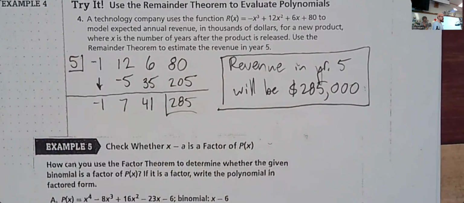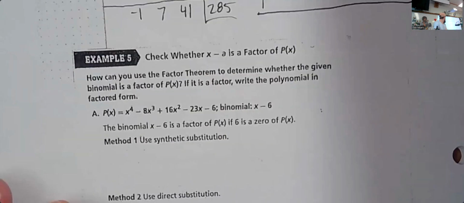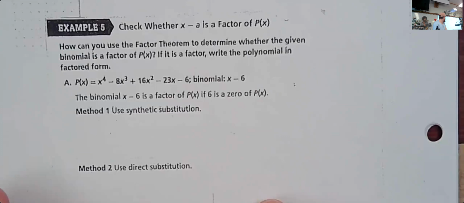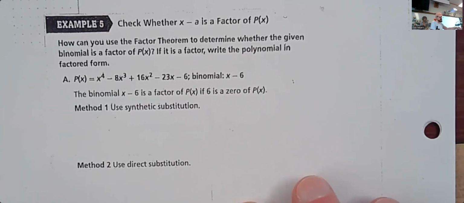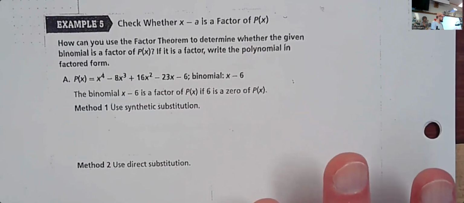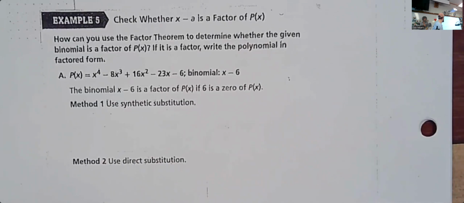All right. Next question. We're basically doing the same thing on the next question, but we're going to use the remainder theorem to determine if the factor theorem can work on this. So basically it's saying, how can you use the factor theorem to determine when the given binomial is a factor? If it is a factor, write the polynomial in factor form.